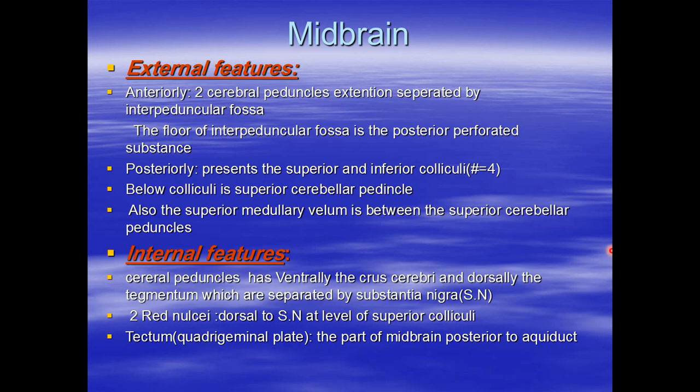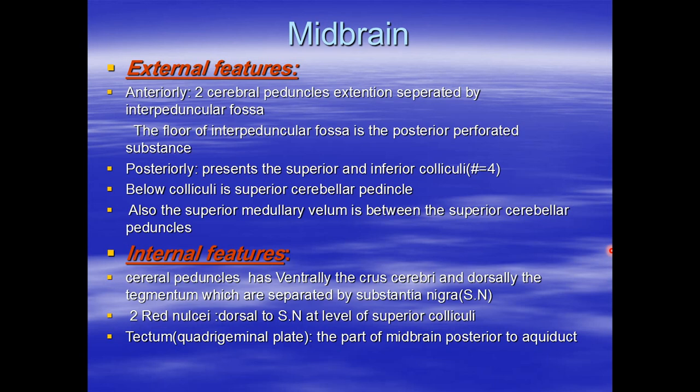Now, regarding the internal features of the midbrain, we have two cerebral peduncles. Each peduncle is composed of the tegmentum dorsally and the crus cerebri ventrally, separated from each other by the substantia nigra.